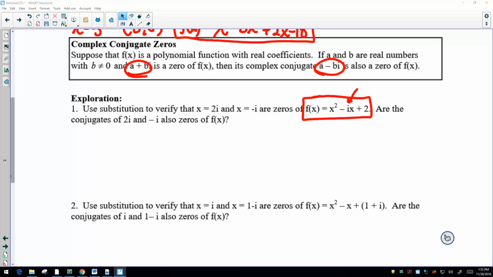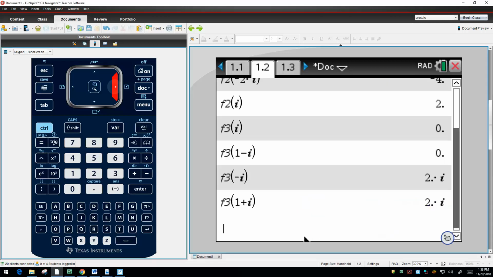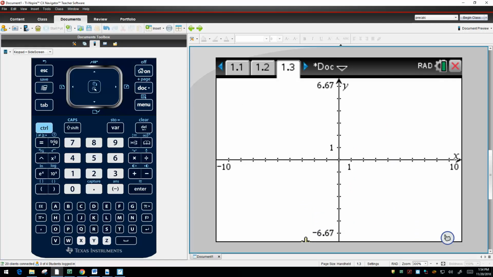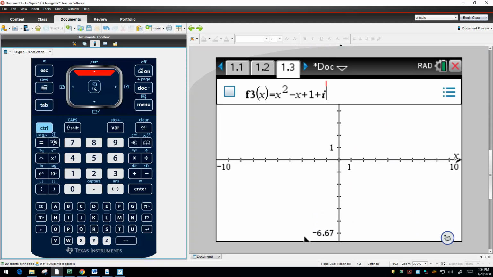So to speed this up a little bit, I used my calculator, and in our graph section, I typed in our equations. That is going to be the second function that we're going to take a look at in question 2, and f2 is going to be this first function that we're looking at.